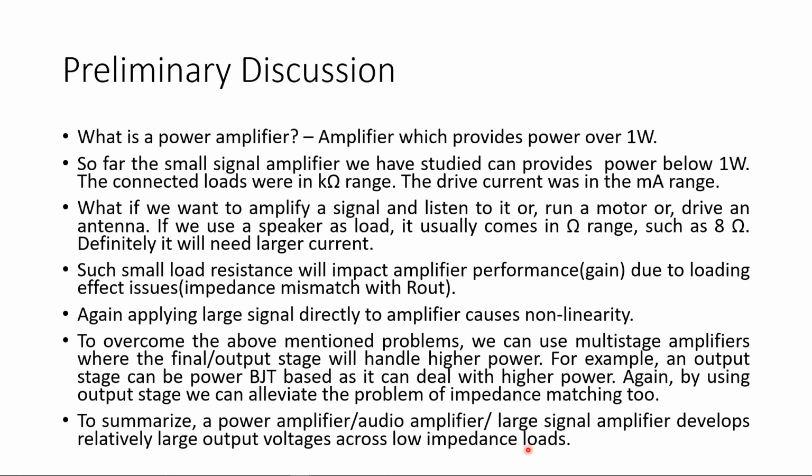In those amplifiers the values of the loads were in kilo ohms, right? So basically we would get milliamperes of current in the drain or collector side or in the output. So the power level was low and the current level was also low.